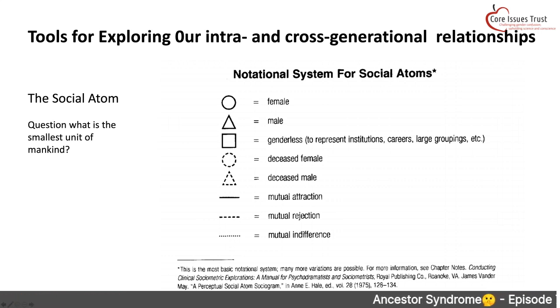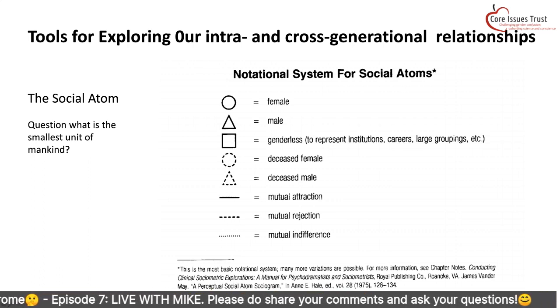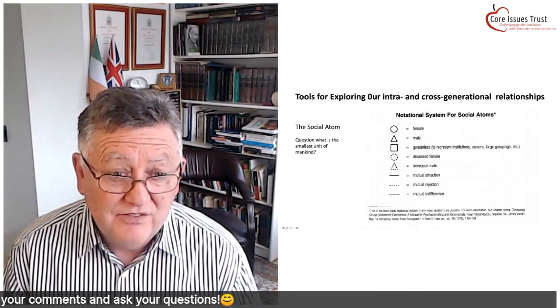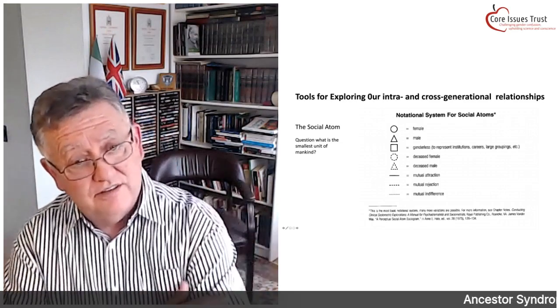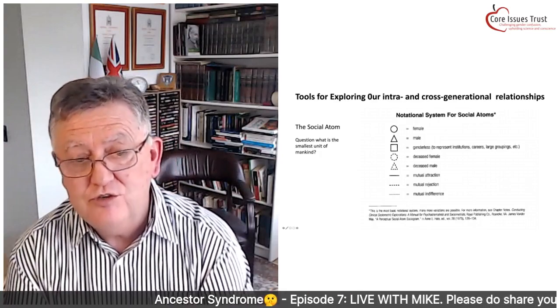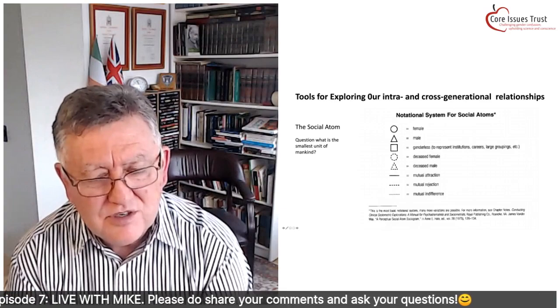And mutual indifference, I don't really care one way or the other, is shown by dots. Now, you don't have to stick to these conventions, but if you want to be consistent with what others have found works, you could use those notations, but you can invent your own symbols.